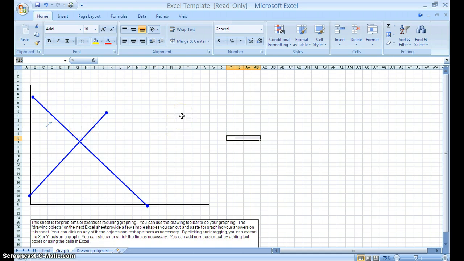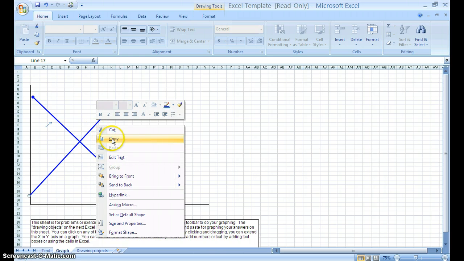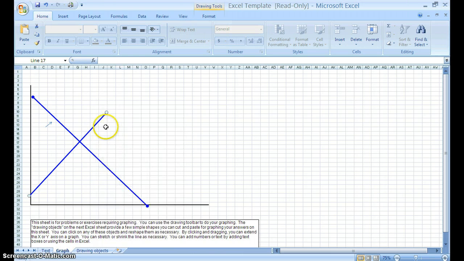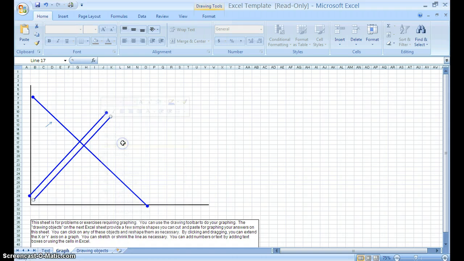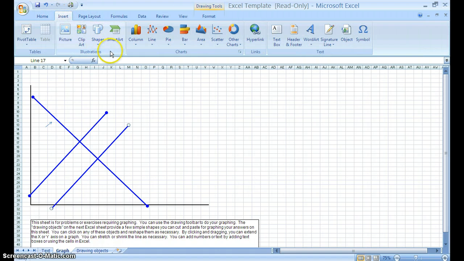So go back to my example. Suppose that the raw materials decrease in price. There would be a willingness of suppliers then to supply more at lower pricing. So let's copy this one and paste it somewhere. Supply line shifts. Let me move that over here. There it is. The supply line shifts. In this case, supply has increased.